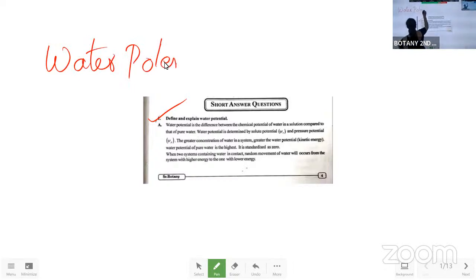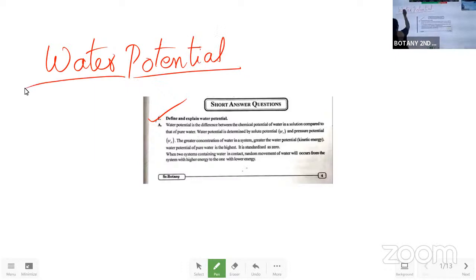What you know first of all, and what we are saying: the difference between the chemical potential of water in a solution and compared to the pure water is called the water potential.